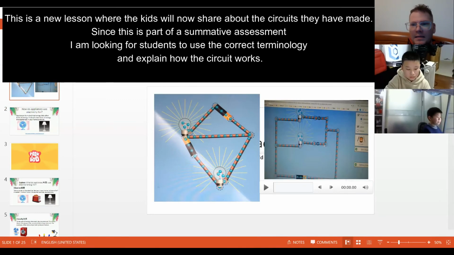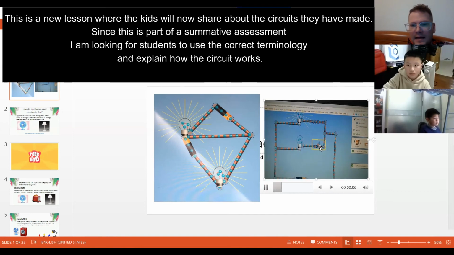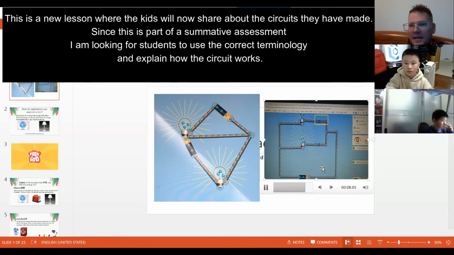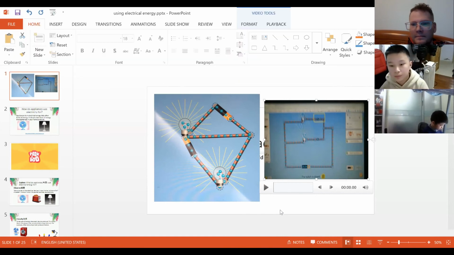For you guys, this picture here is a circuit that Tina made, and this video here is one that Jerry made. Jerry added switches, and I think, Jerry, can you tell us something about the circuit you made? This one is a parallel circuit.